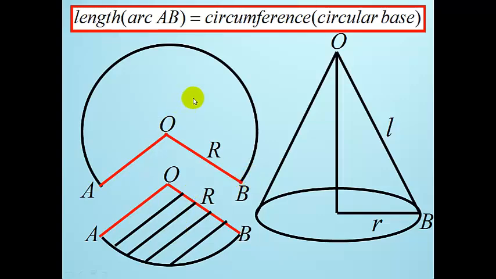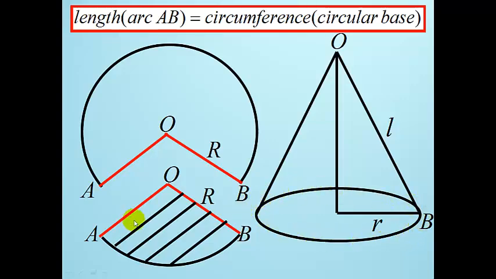Now what we are saying is, assuming you've used the major sector in forming your cone, the length of the arc, that is the distance from A to B, the length of the arc AB is always equal to the circumference of the circular base.